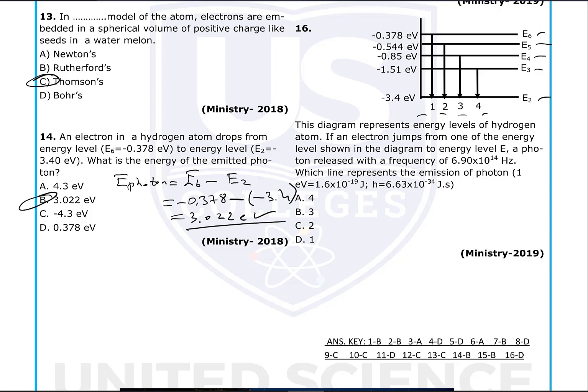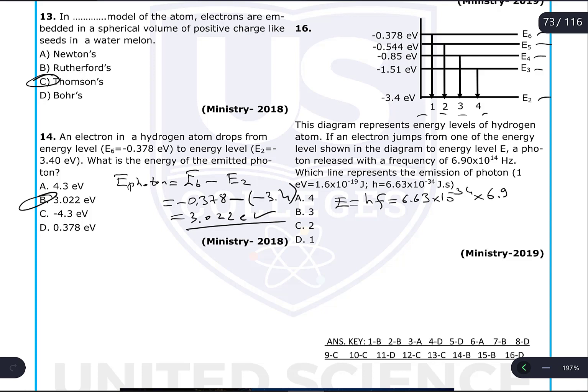Let's calculate the energy of the photon in electron volts. E is equal to h times f. So h is 6.63 times 10 to the power of negative 34, multiplied by f, 6.9 times 10 to the power of 14.